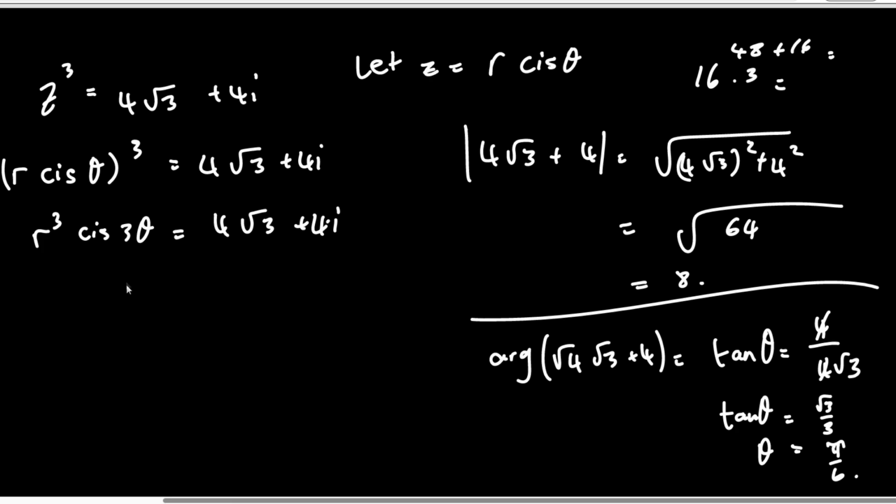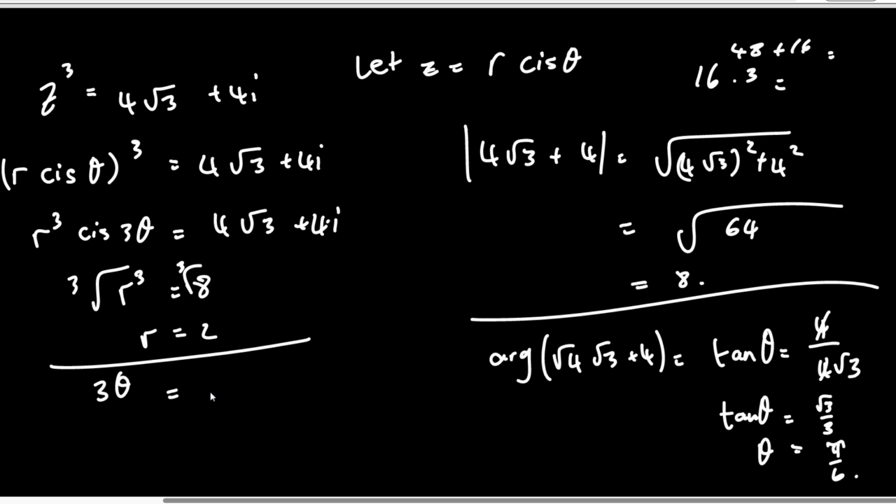Cool. So now we know that r cubed is equal to the modulus of 8. So therefore r is, if I cube root both sides, 2. And then for theta, I know that cis 3 theta is equal to cis pi over 6.